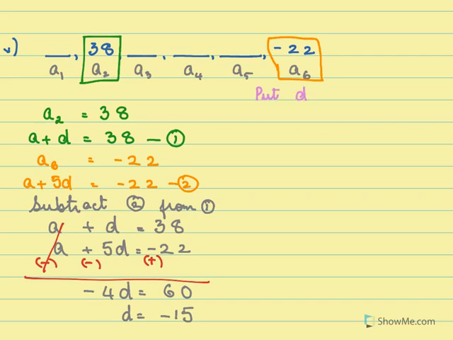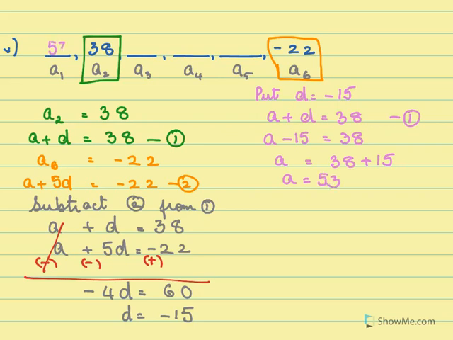Say put D equal to minus 15 in equation 1, that is A plus D equal to 38. So we have A, D is minus 15, equal to 38. So your A is 38 plus 15, and the A becomes 53. So I'm going to put 53 here because my A was 53.